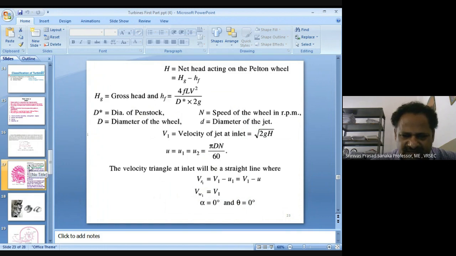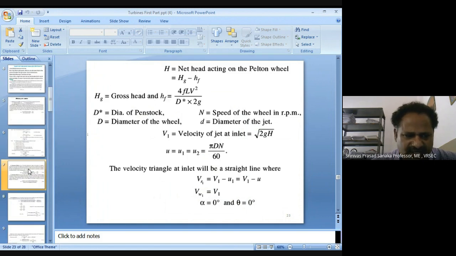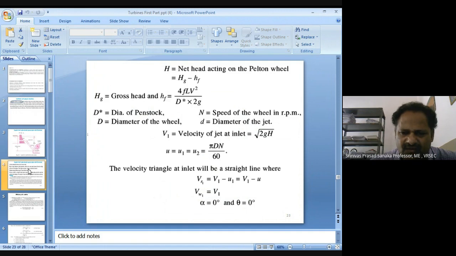So let me summarize today's class. First of all, we discussed the hydroelectric power potential statistical data. Second, what is meant by hydraulic turbine has been explained to you, and the difference between hydraulic machine and hydraulic turbine also explained to you.